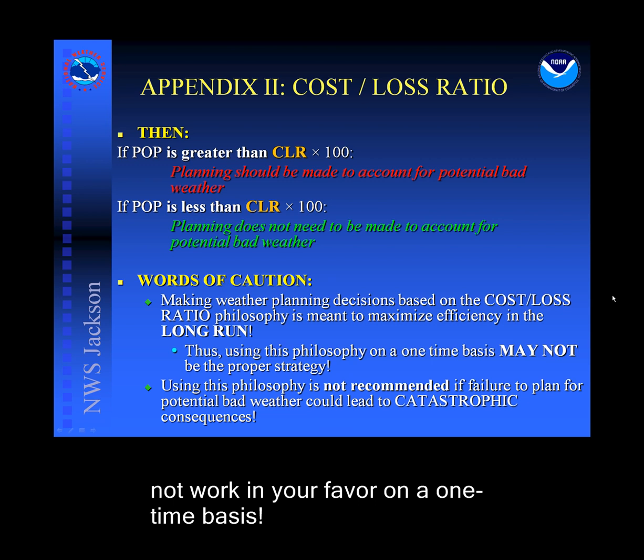It just means that over the long run, if you use these philosophies to make decisions, it will maximize your time expenditures or your monetary expenditures. It's also worthy of note that using this philosophy is not recommended if failure to plan for potential bad weather could lead to catastrophic consequences.